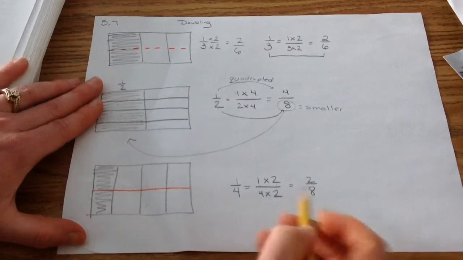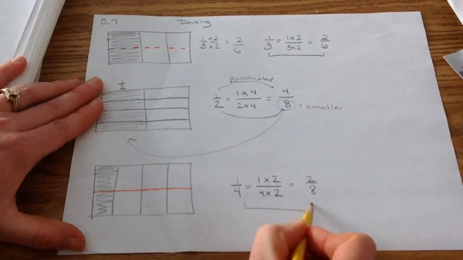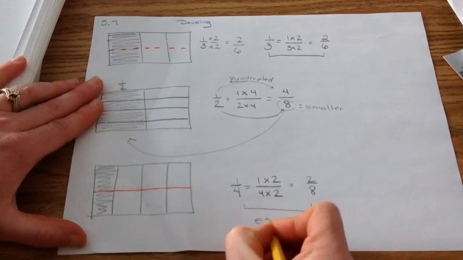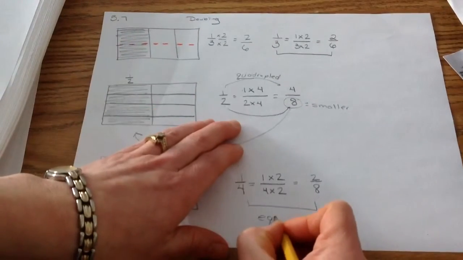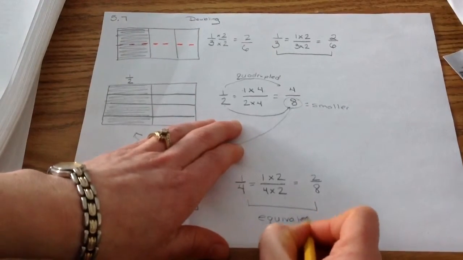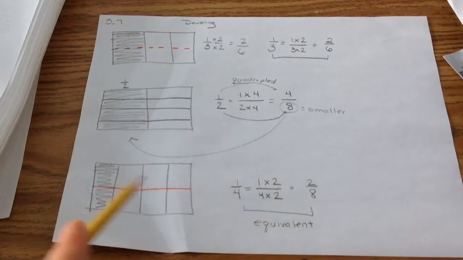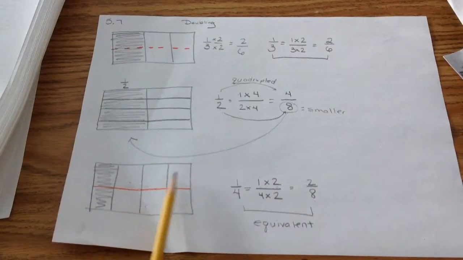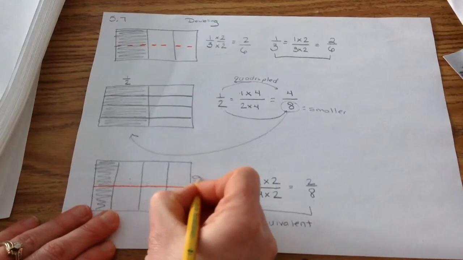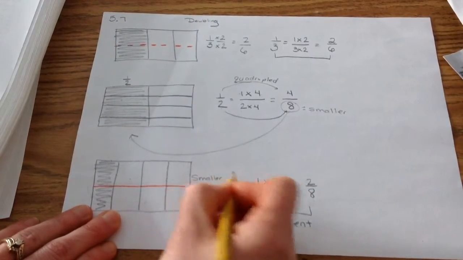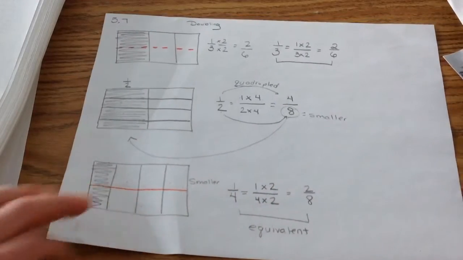I ended up with 8. So 1/4 is equivalent to 2/8. They are equivalent. Our units, do they get bigger or smaller? Sure hope you said smaller. These units are smaller than they were before.